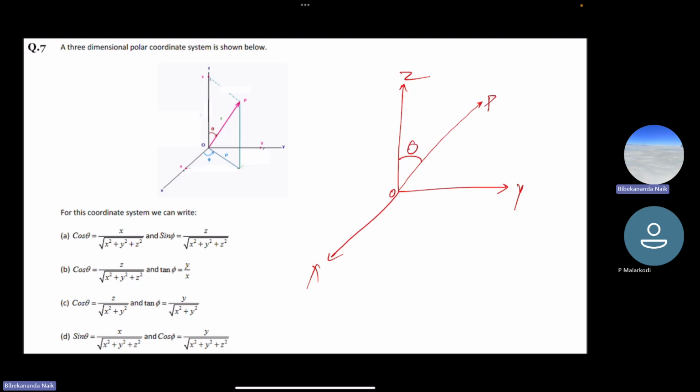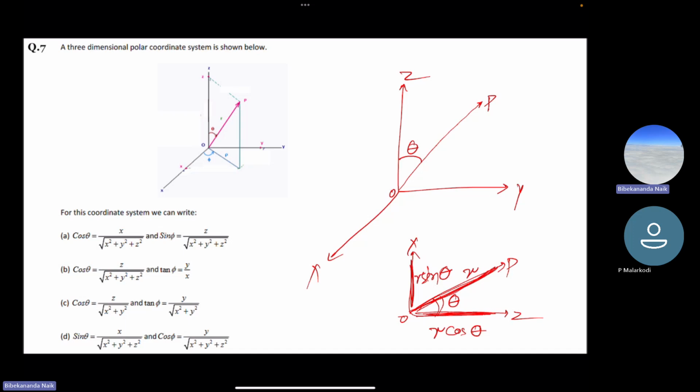So this is theta. If we talk about the resolution of vector components, we know, suppose this is a two-dimensional space, and this is a vector. Suppose this is OP, this is Z, and this is X. If this is theta, then this component is called the cos theta component, and this component is called the sin theta component. If the total length is r, it will be r cos theta and r sin theta, is it not?